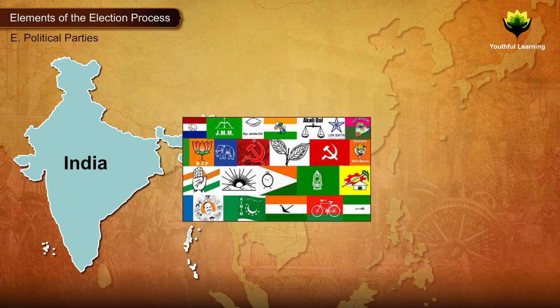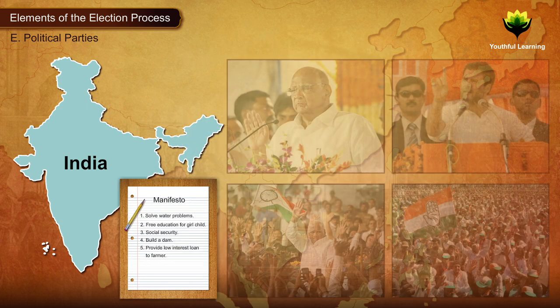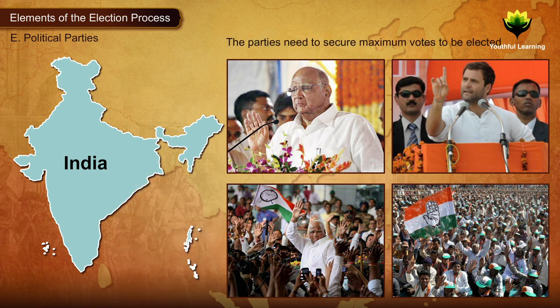The political parties release a manifesto, which is a document outlining the party's policies and programs related to various issues affecting the people. The parties promise to implement these policies if they are elected. The parties need to secure maximum votes to be elected.